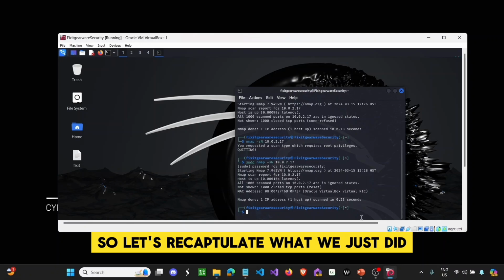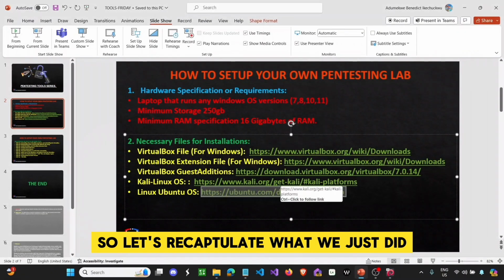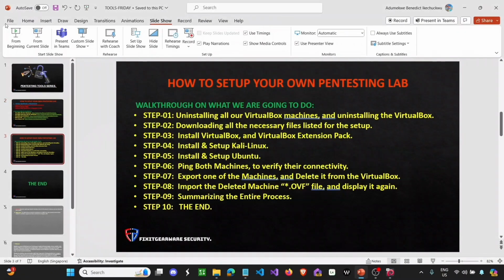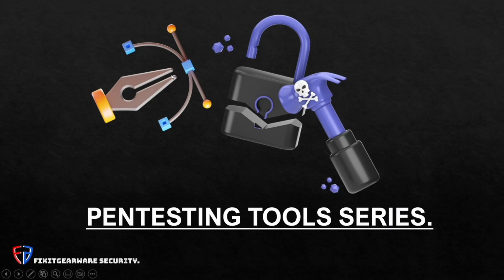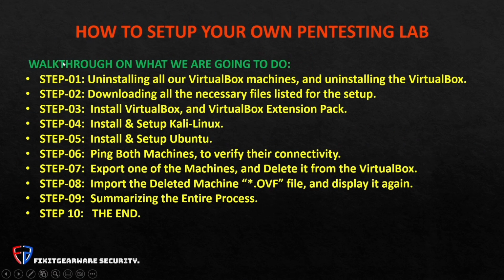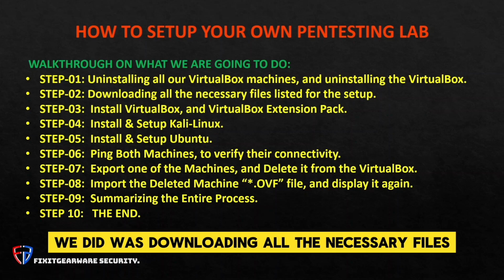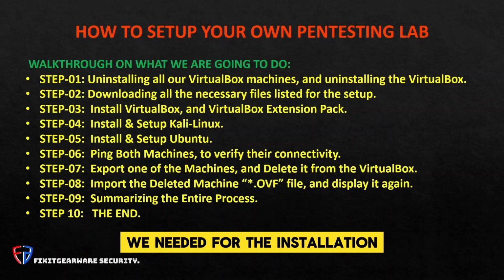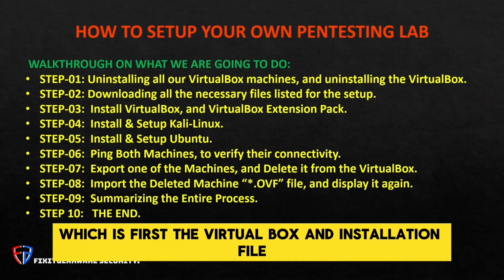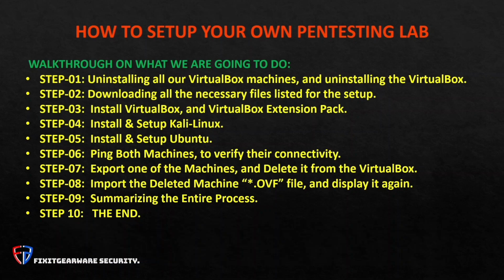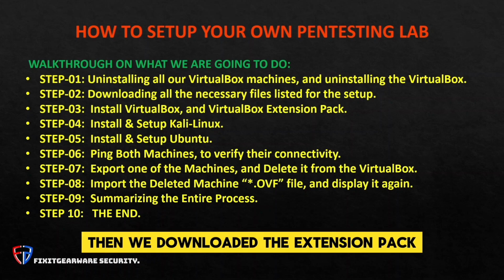So let's recapitulate what we just did. The first thing we did was download all the necessary files we needed for the installation, which is first the VirtualBox installation file. Then we downloaded the extension pack.